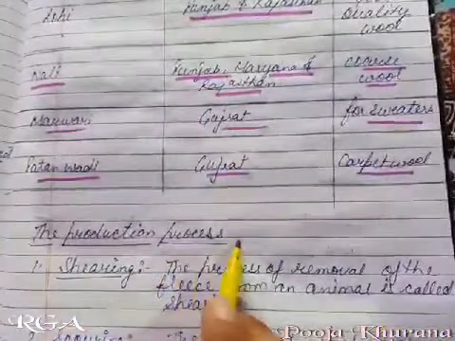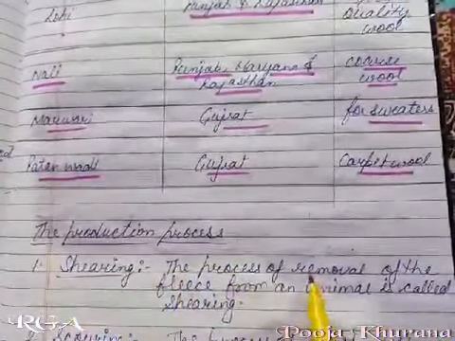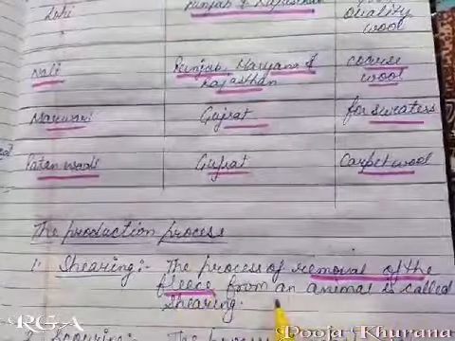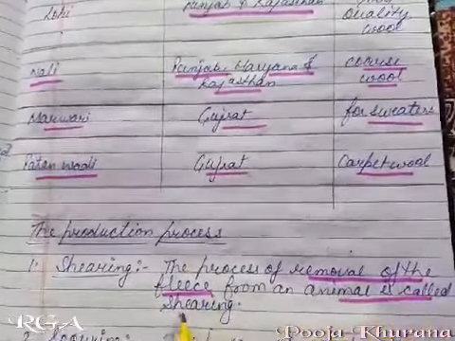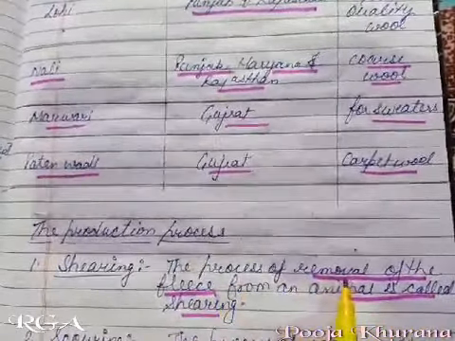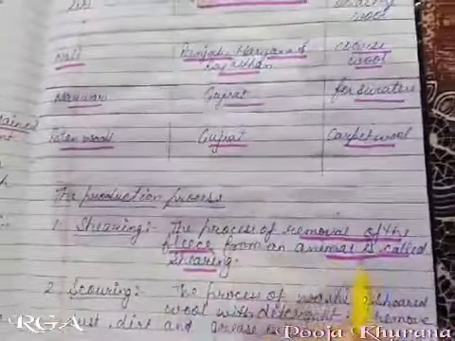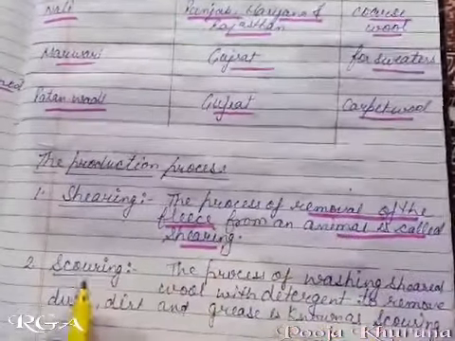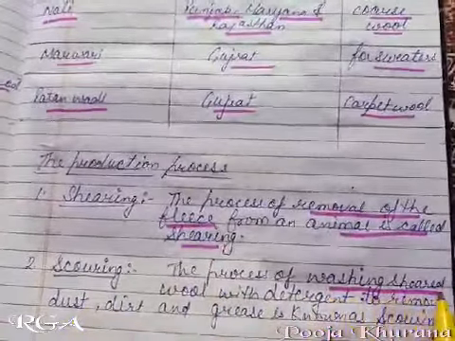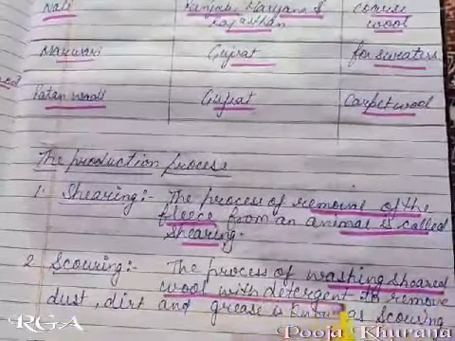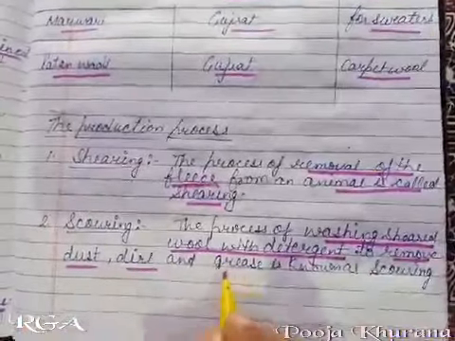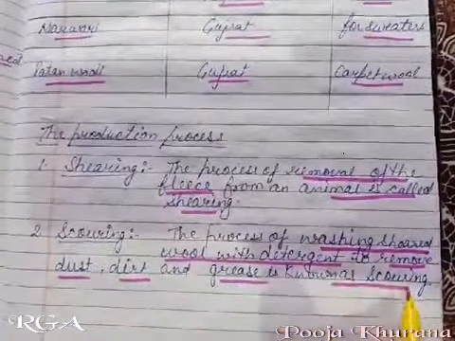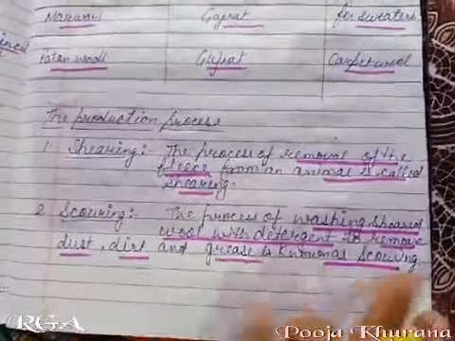The production process: shearing. The process of removal of the fleece from an animal is called shearing. Scouring. The process of washing sheared wool with detergent to remove dust, dirt and grease is known as scouring.